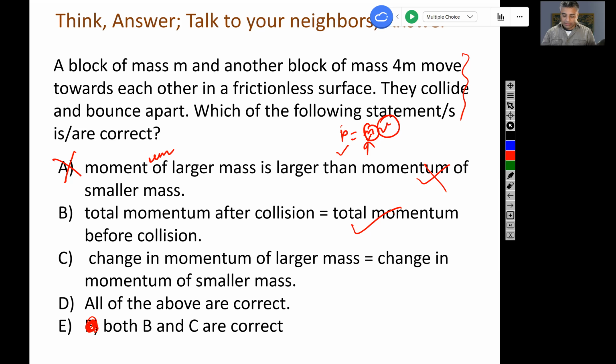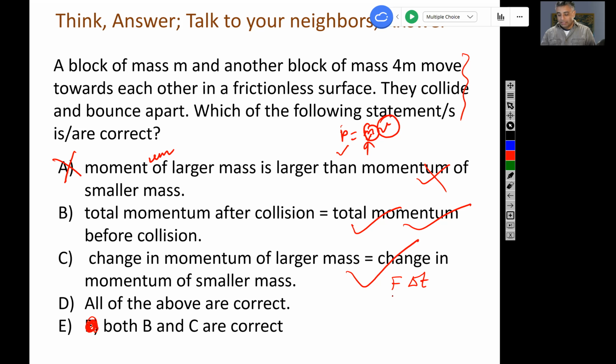Now, change in momentum of the large mass is equal to change in momentum of the smaller mass. Remember, this conservation of momentum came from this, actually. So this is also correct. Change in momentum is equal to impulse.